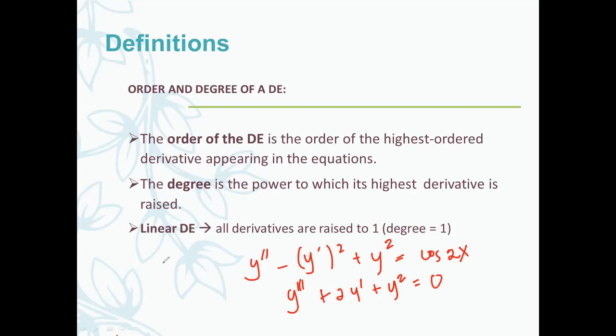Okay, a question, miss. Yes. What if dy/dx is inside a square root? If I manipulate the DE, I multiply it, I raise it to 2 so that the degree becomes 1. Is that the only derivative that you see in the equation?